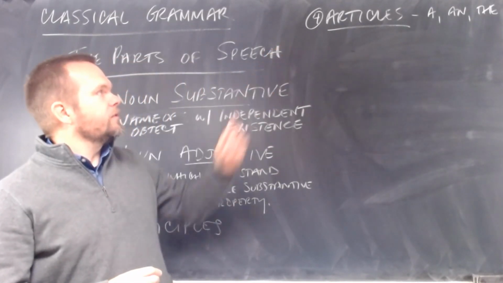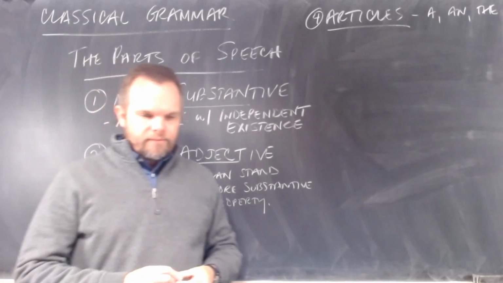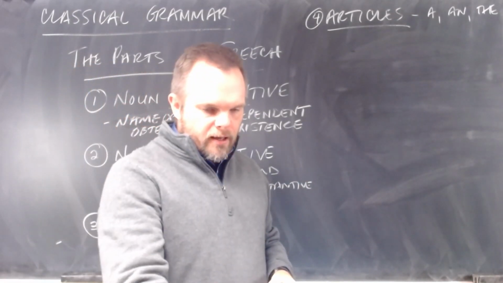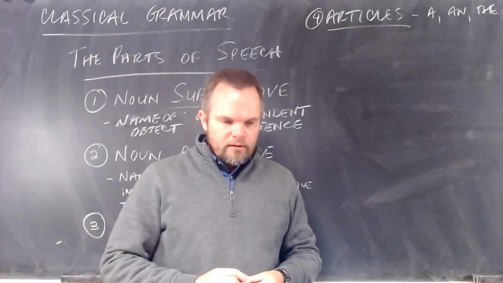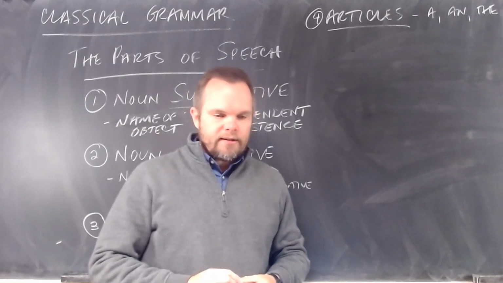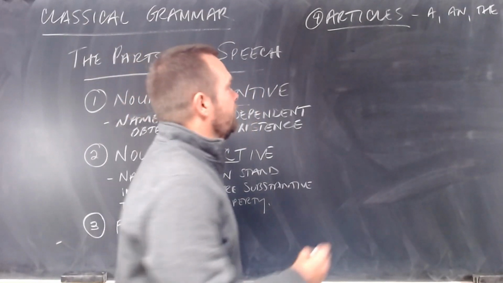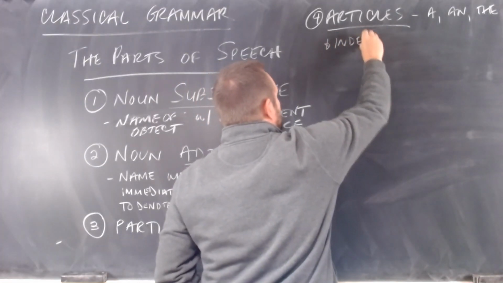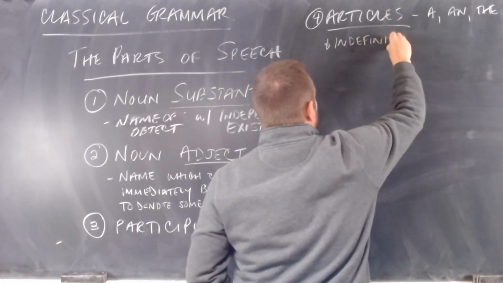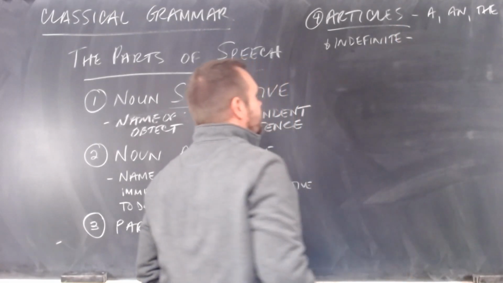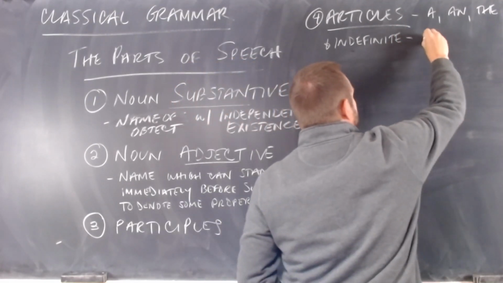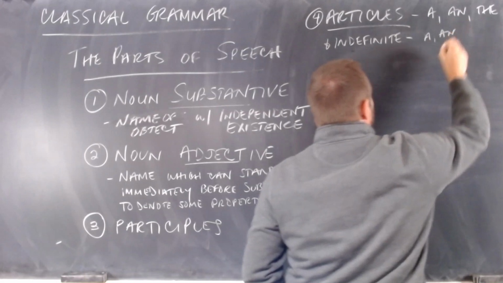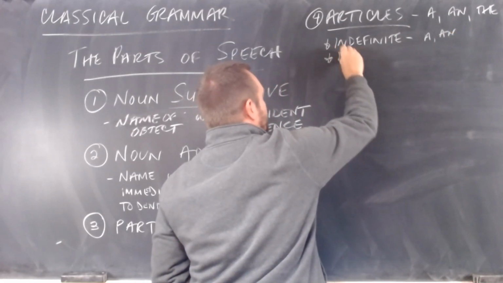So articles are a fourth part of speech. Then in the note under paragraph 10, it tells us that there are two kinds of articles. There are indefinite articles, and that's, we have a and an. And then we have definite articles.